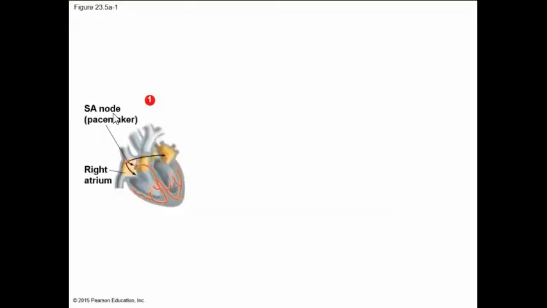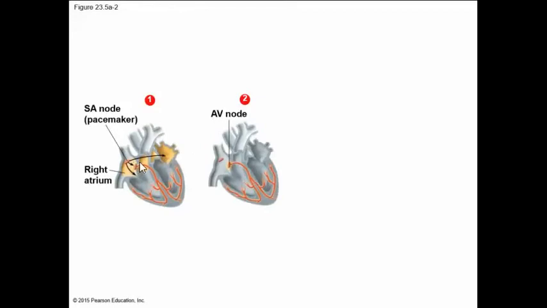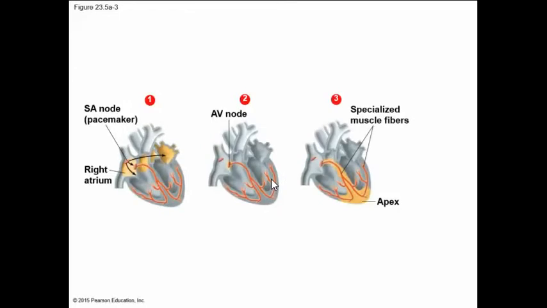So, number 1, the cardiac pacemaker fires, sending a message. Number 2, the AV node receives that message, sending the impulses through these bundles into Purkinje fibers embedded in the ventricular walls. And number 3, when the impulses reach down here, it triggers ventricular contraction.